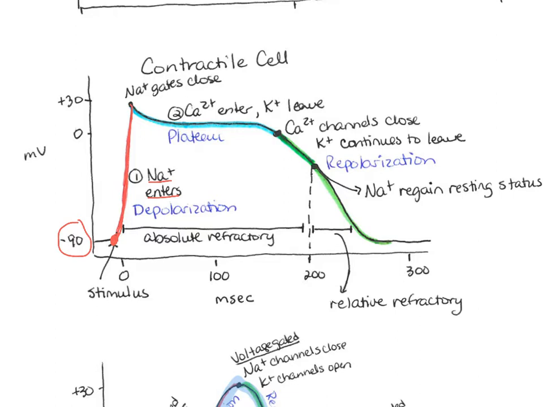Then, and this all sounds similar, doesn't it? Then we reach positive 30 and the sodium gated channels close, and at the same time, we get calcium channels that are going to open and potassium channels that are going to open.